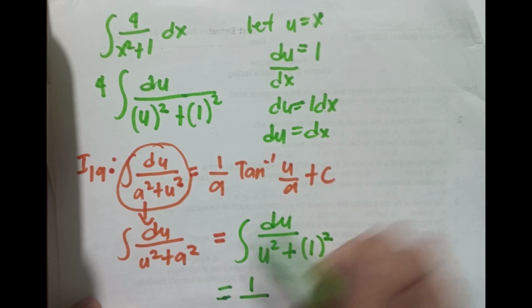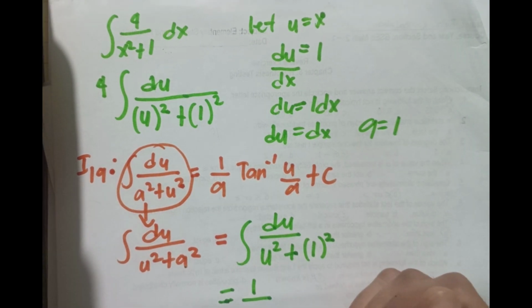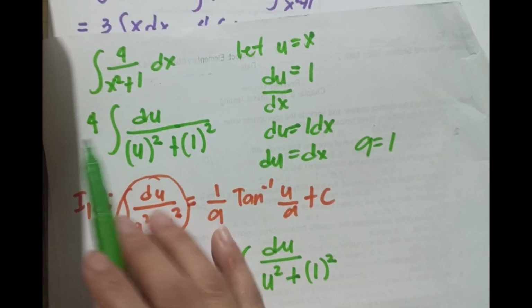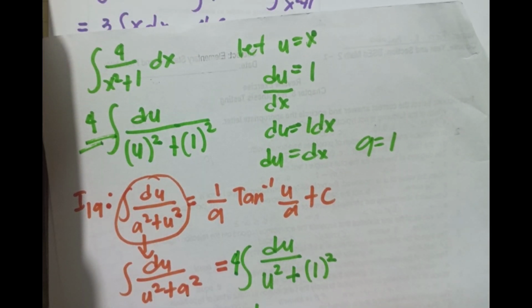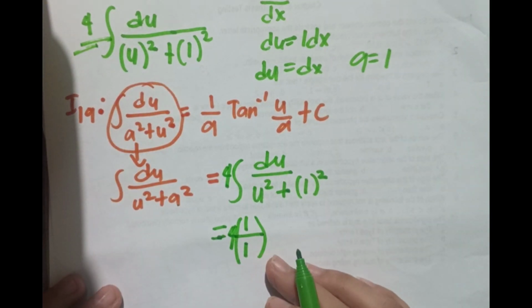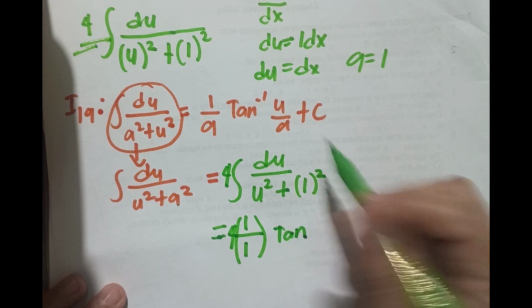The formula is 1 over a. Again, a is 1, so 1 over a is just equal to 1 over 1. But don't forget the 4, so write 4 outside the integral symbol. Then 4 times 1 over 1 times the inverse tangent of u over a.